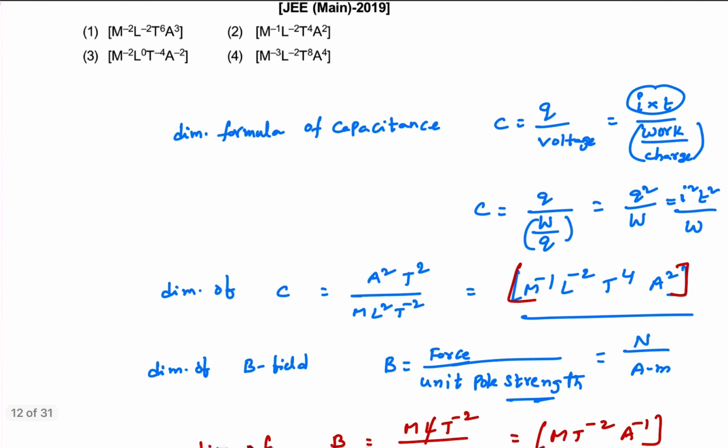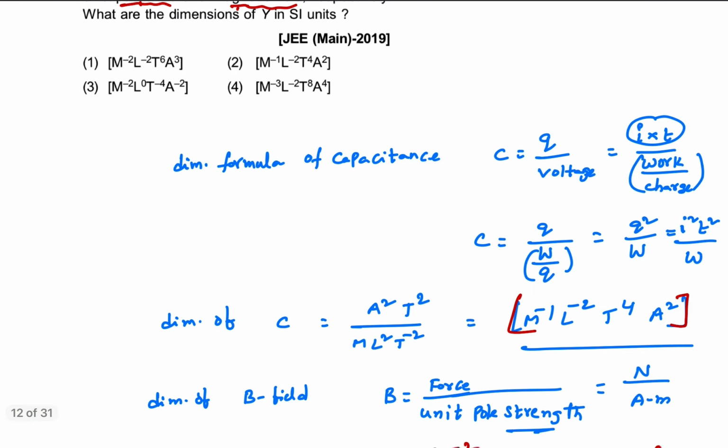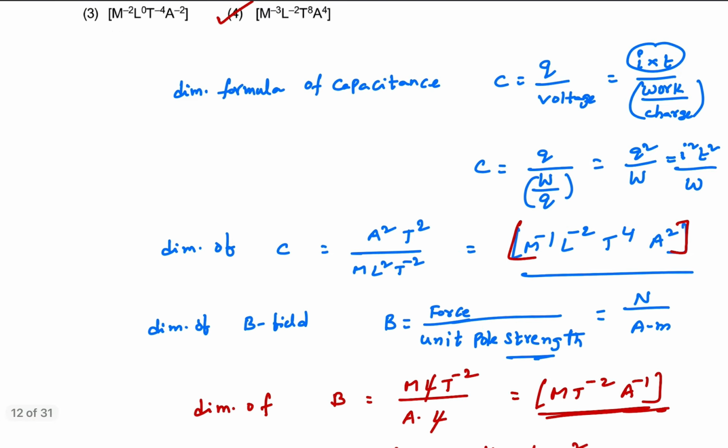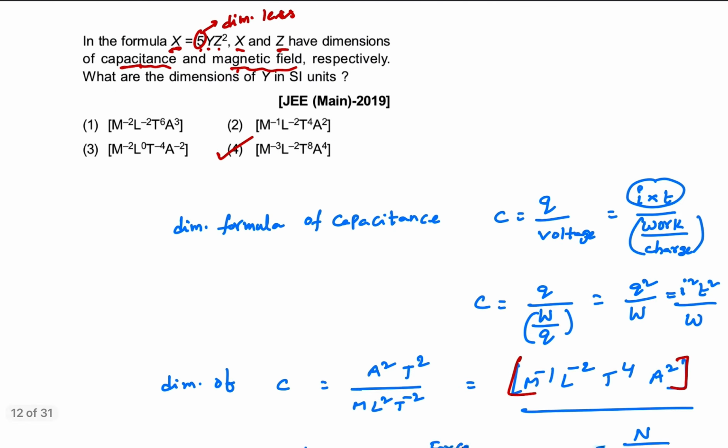You see, M power minus 3, L power minus 2, T power 8, A power 4. You can observe this fourth option is the correct option. Actually, I also will not remember all these dimensions, but the basic dimensions are there: length, area, volume, force, acceleration, energy.